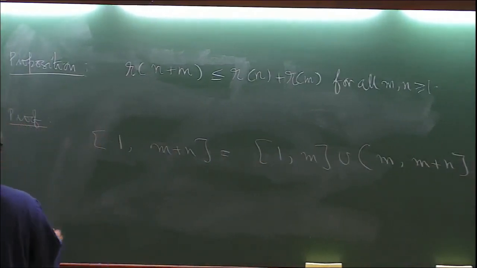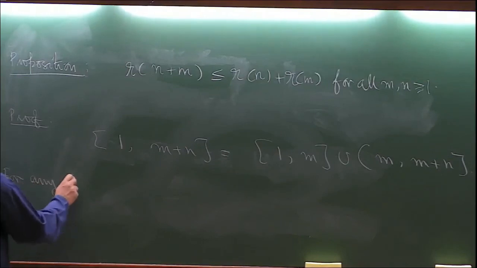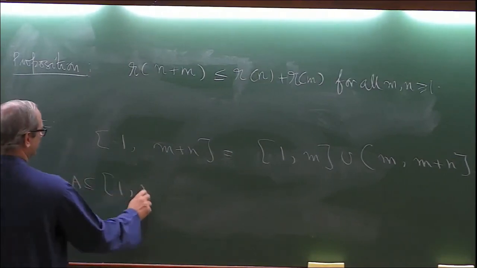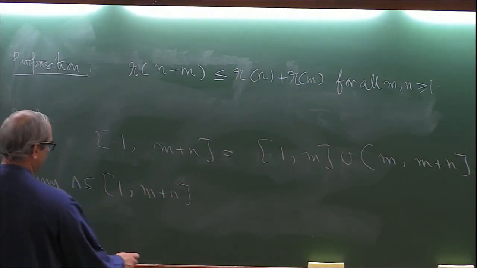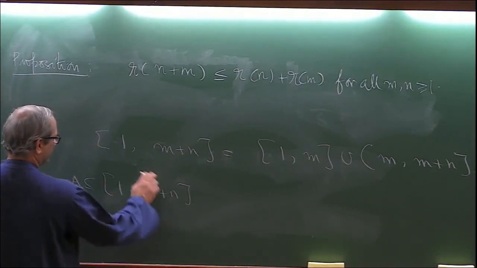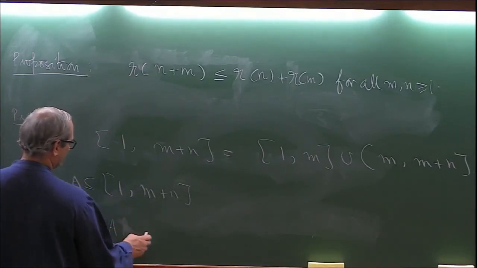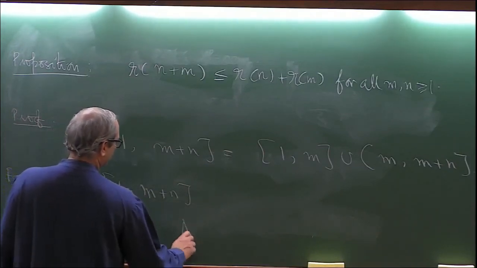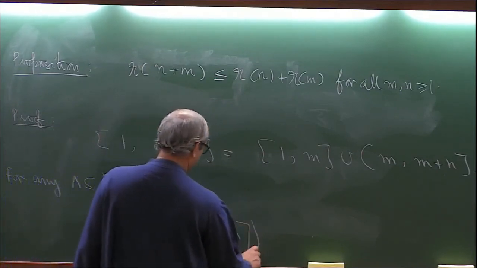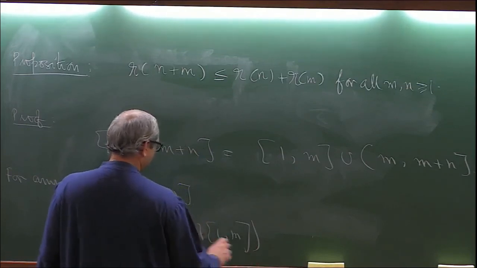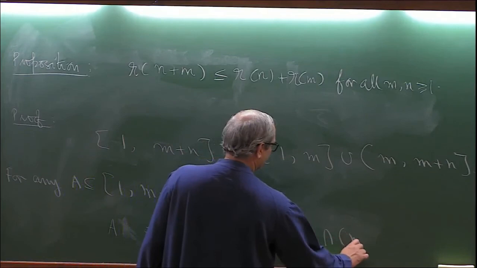Now for any A contained in this 1 to m plus n, the cardinality of A is the cardinality of A intersection 1 to m union A intersection m to m plus n.